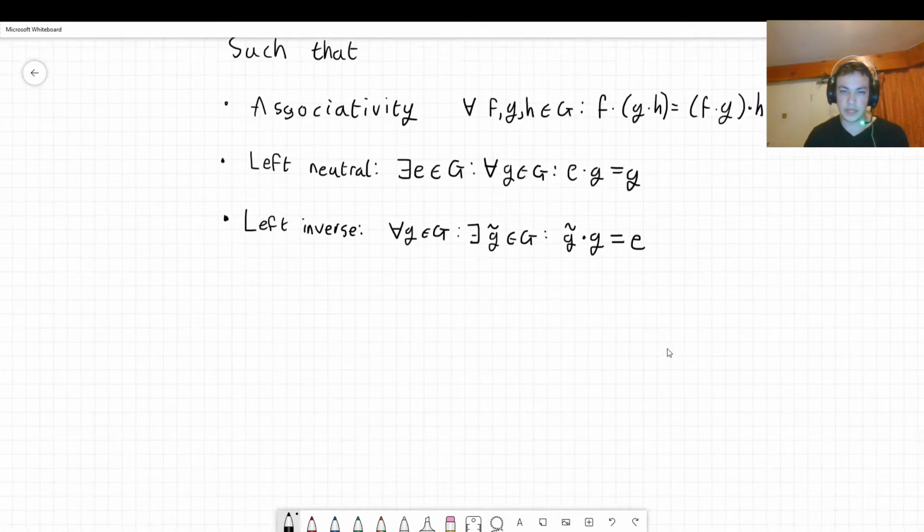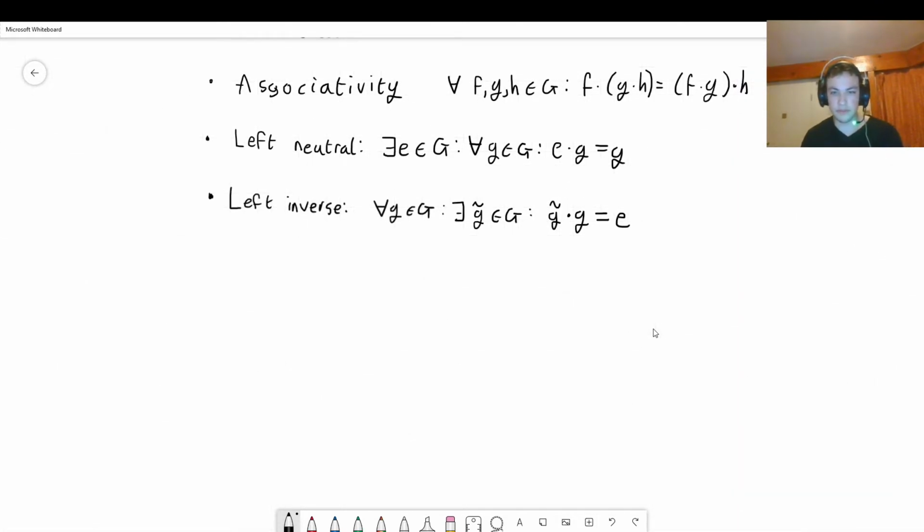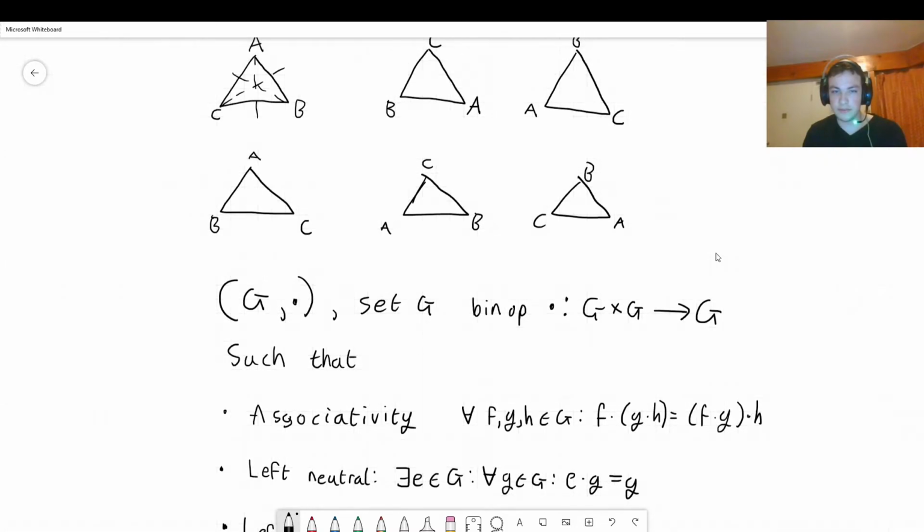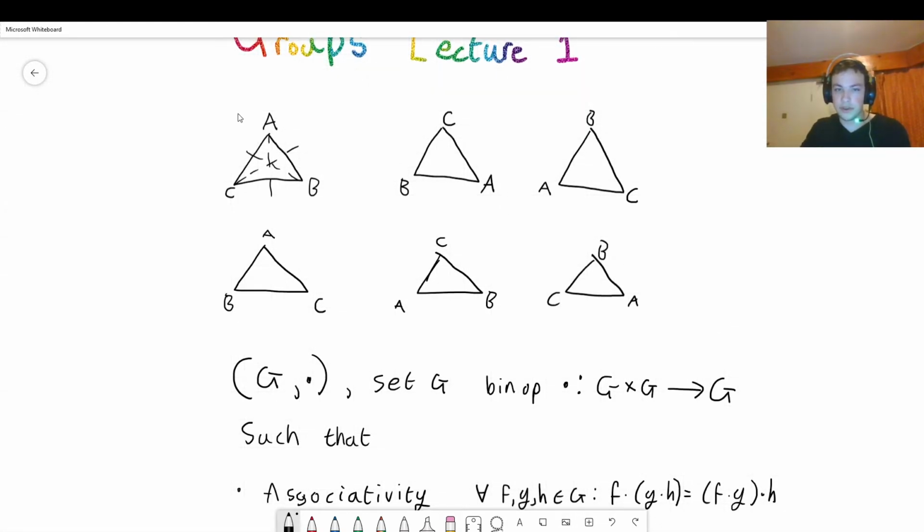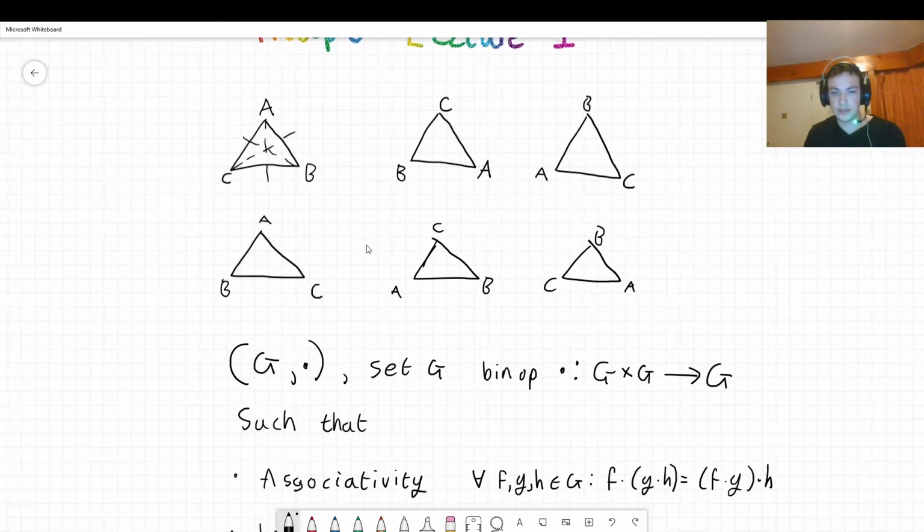Okay. And so we can check that our triangle is indeed a group. If we take any two of these, I'll leave it up to you to check that a combination of any two will then be a third member of that group always. It's not too hard to see.